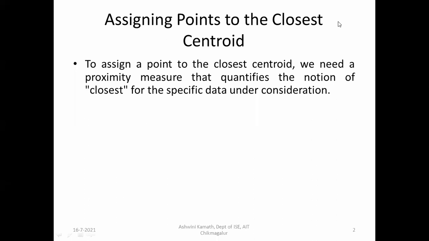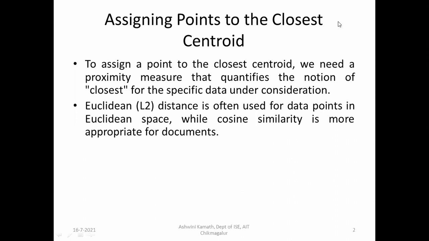It might be similarity. For example, if we have text, we find the similarity in the text, how close it is. The method for finding the closest points or closest data is called a proximity measure.